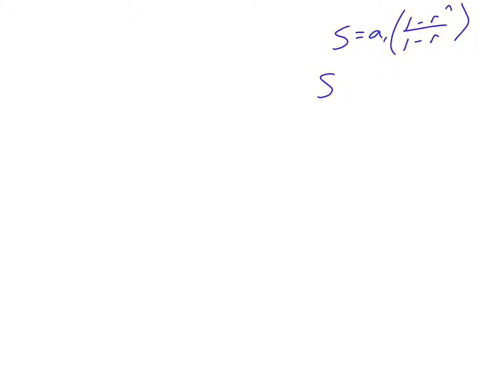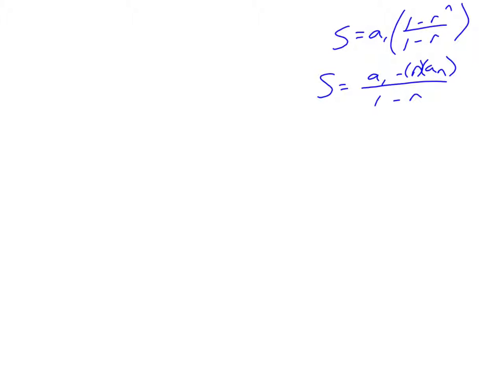The second one is a sub 1 minus r times a sub n over 1 minus r.